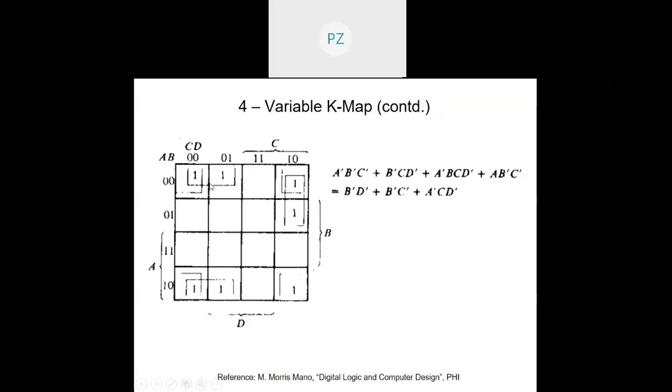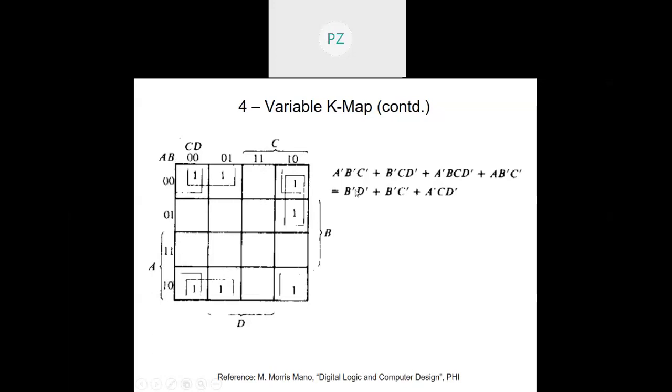So the largest possible combination is 1, 1 and this one, because they are adjacent. They will be treated as adjacent rows. I do not have a combination of 8 ones in adjacent rows or columns, so the largest possible is 4. Now when I combine them, what do I get? A gets eliminated, I get B dash, right?